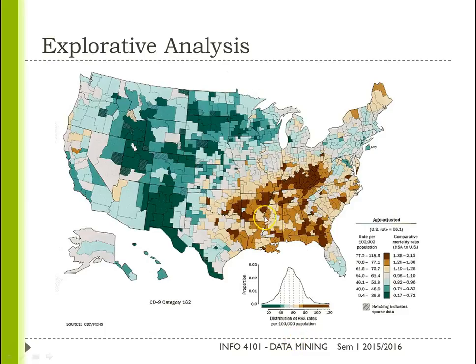As you can see here, lung cancer occurs very frequently in the darker areas, the brown areas, whereas less on the other parts of the country.